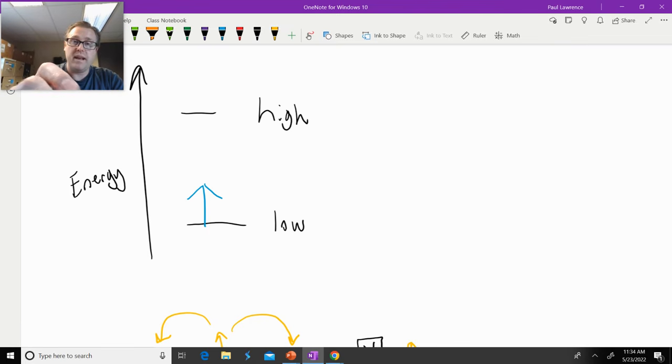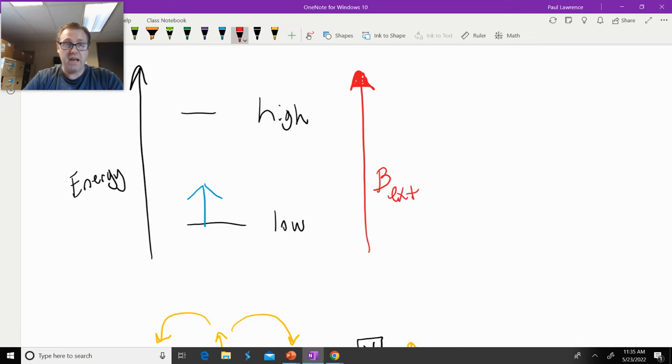So what I'm going to now do is represent something called B, or beta, B EXT. The B represents a magnetic field, and that EXT right there means external.